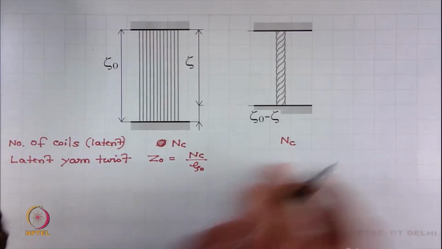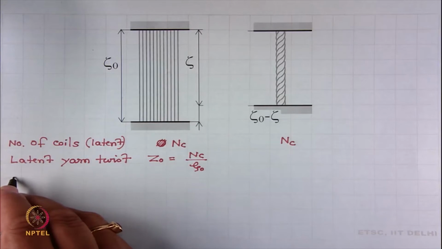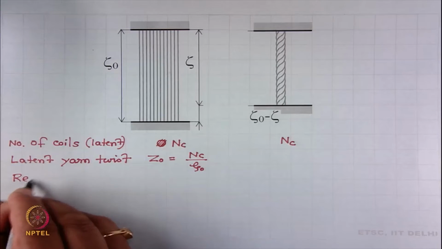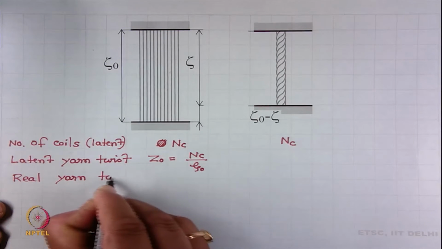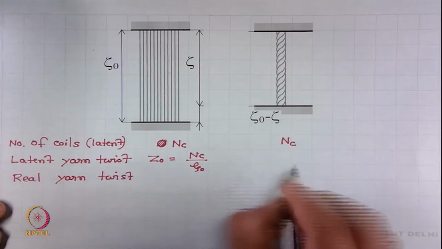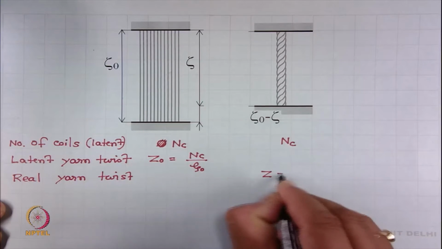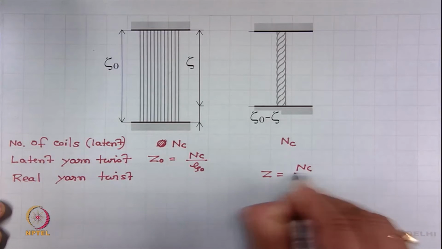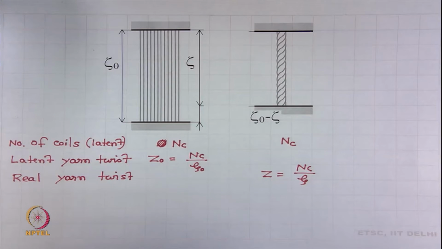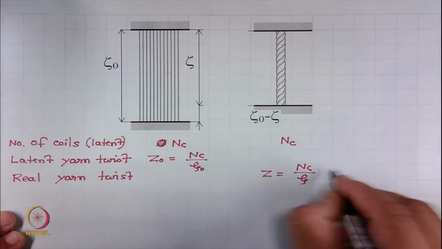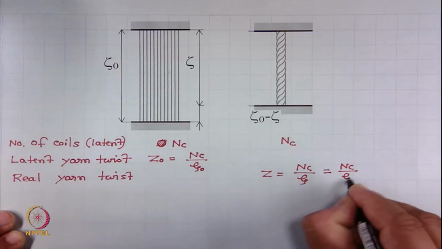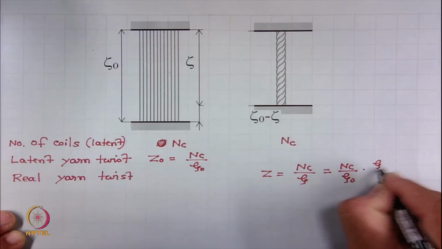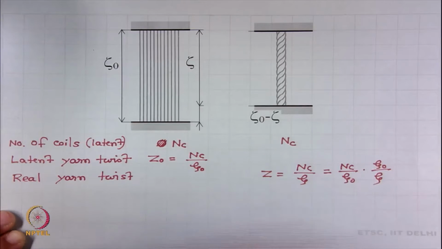And here it is the real yarn twist, Z is NC by this. Now, we can write it as NC by this manner.